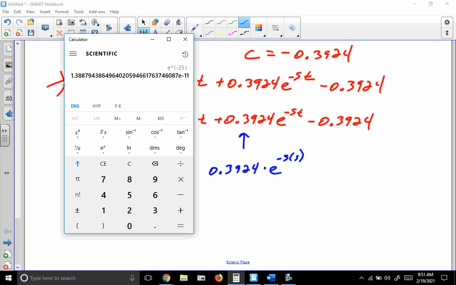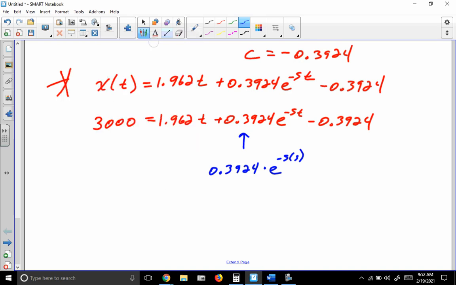That's 1.39 times 10 to the negative 11. That's so small that that term has very little consequence at all. And then imagine that we're going to take that and still multiply that times 0.3924. So the order of magnitude of that is like 10 to the negative 12, which is really small.